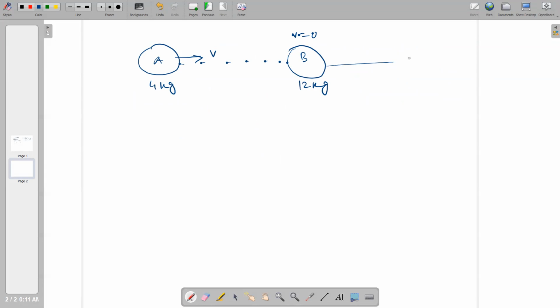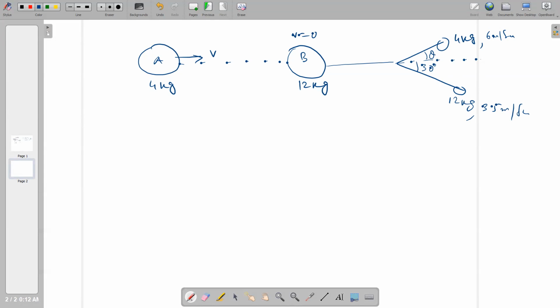So after colliding, one body is moving in this direction and the other body is moving in this direction, and this is their line of motion. So this angle is theta and this angle is given 30 degree. So this is 4 kg mass and this is 12 kg mass. Its velocity is 6 meter per second and its velocity is 3.5 meter per second after collision.